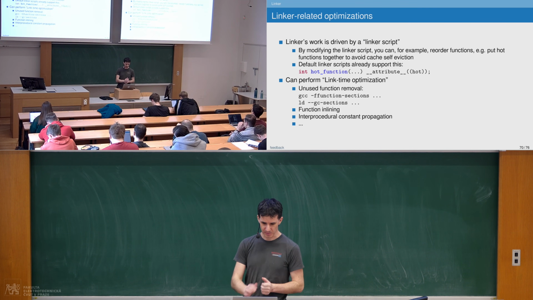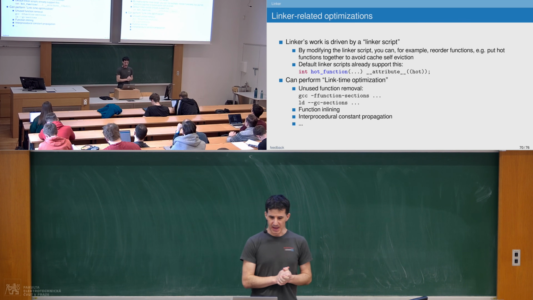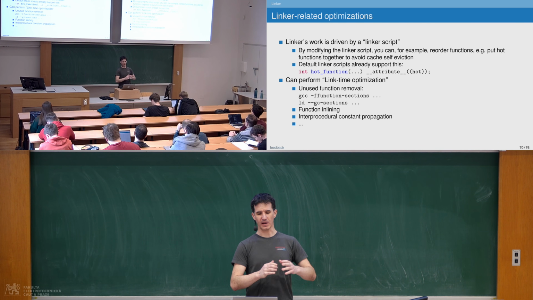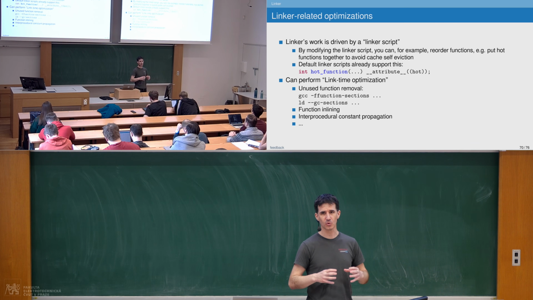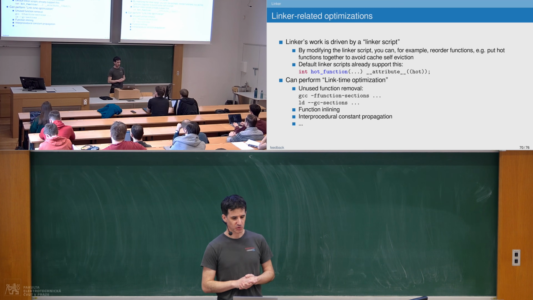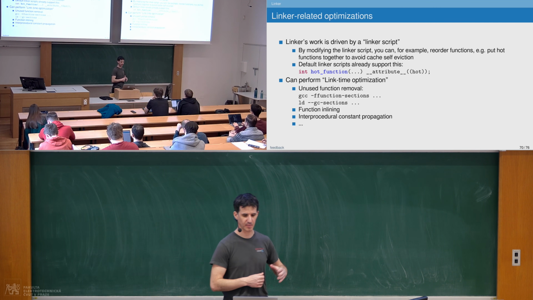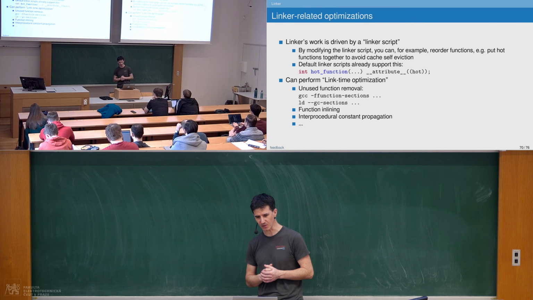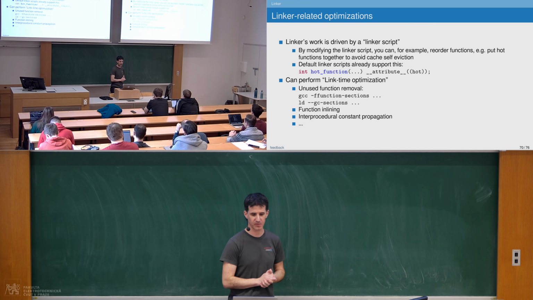One possible optimization related to linking: if you have a set of functions which are called very often, for example from a tight loop, you want those functions to be stored together. We will talk about that when talking about cache optimization. If those functions are stored far away from each other, the cache may behave incorrectly.